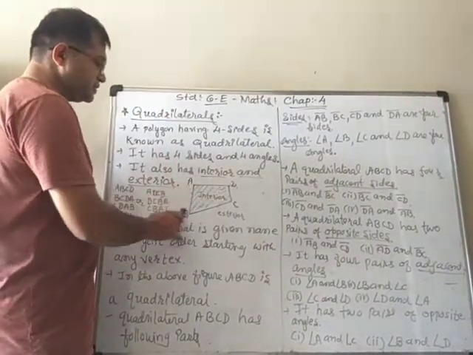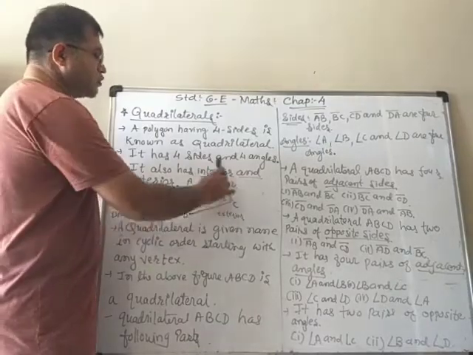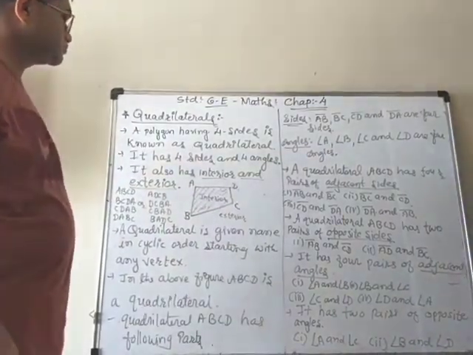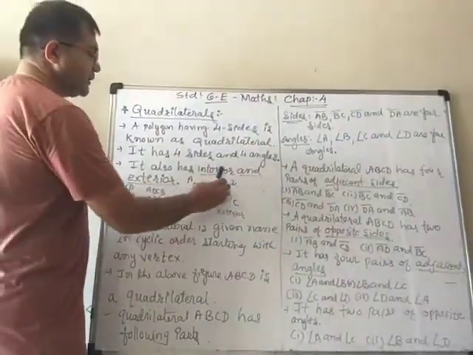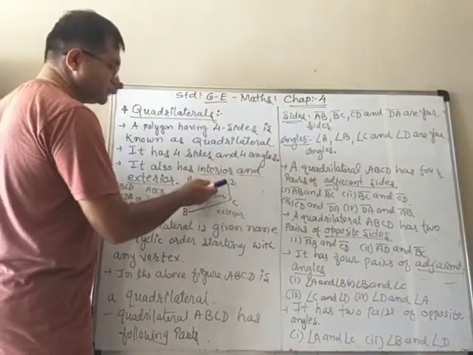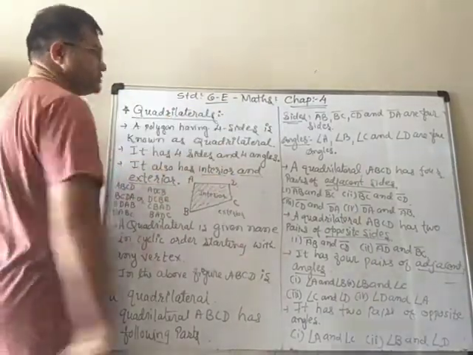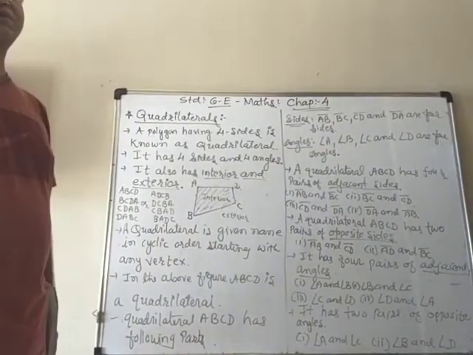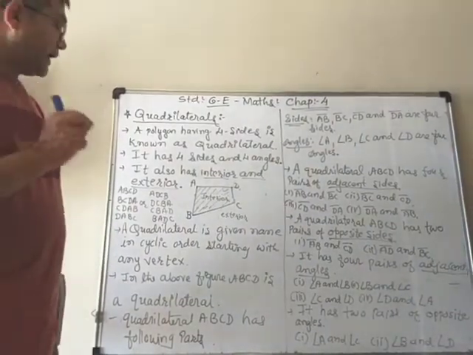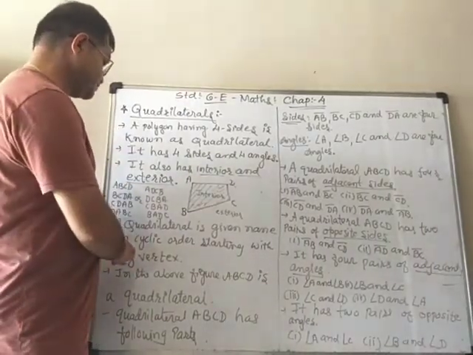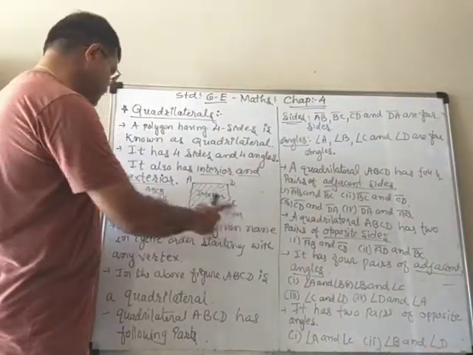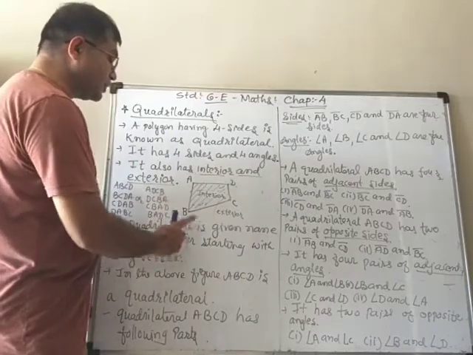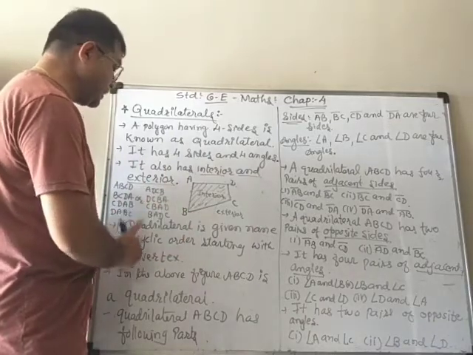So here you can see that I make a quadrilateral, and the shaded part inside is the interior of it, and the other parts outside are the exterior of that quadrilateral.